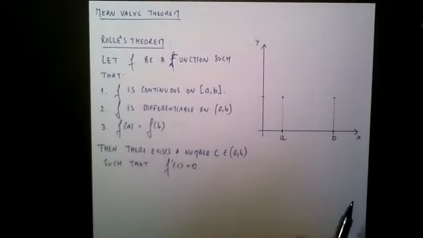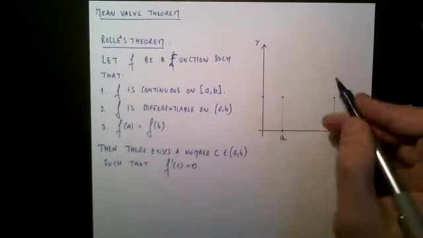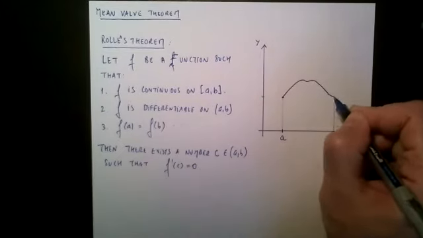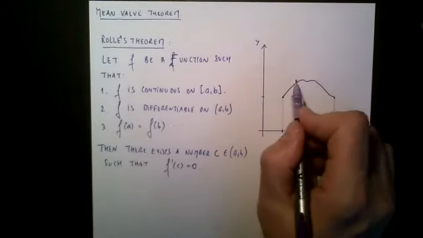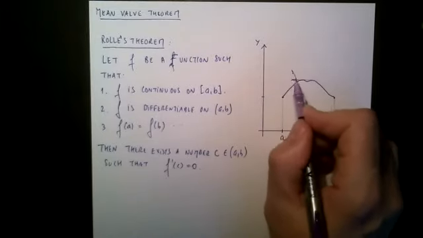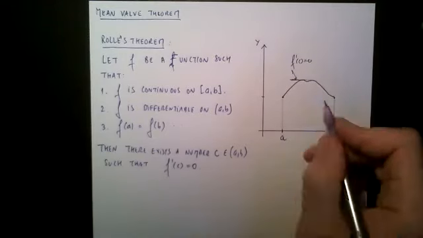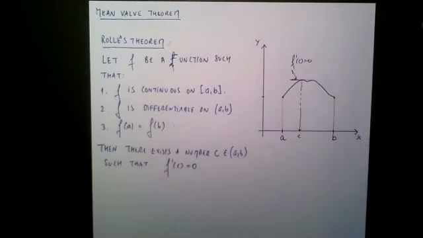The theorem tells me that if the function is continuous and differentiable, it's guaranteed that there's going to be a place where the slope is 0. Flat, guaranteed. At least one place. This is Rolle's theorem.